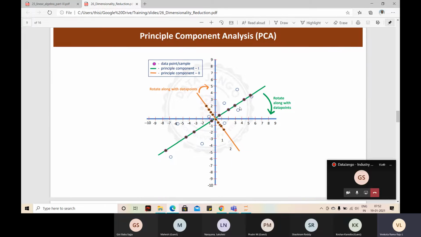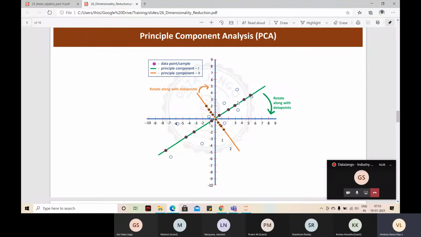Then rotating is nothing but making the principal components the axes to nullify one coordinate. If you don't do that, for each data point there will be x1 x2, and again there will be an x1 x2 on the orange one also. For this x1 you need to have only one x1, for this x2 there should be only one x2. If you make the other one 0, the first one will remain. X1 will remain here, x2 will remain here. So that way you are changing the values and trying to extract the data.